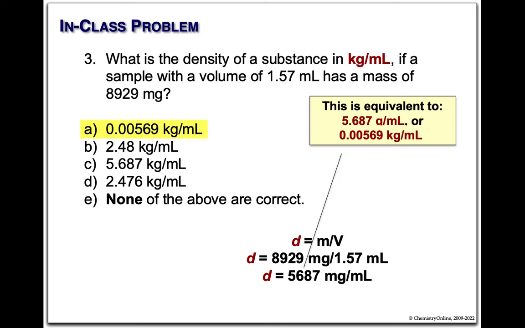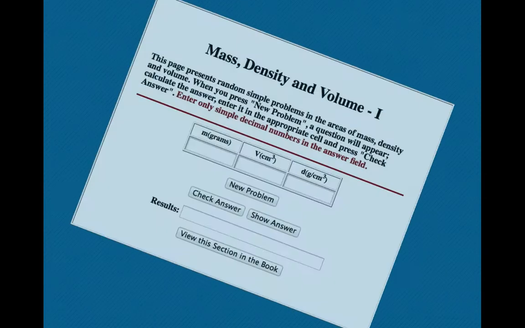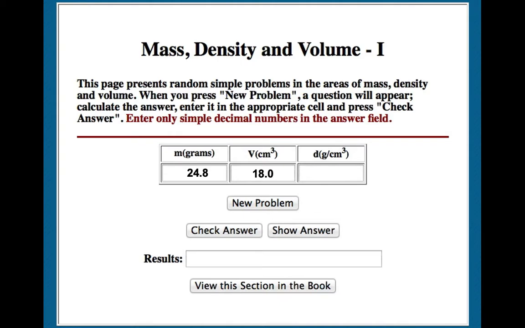Simple metric conversion. We've all seen the tutorial button. This is the tutorial for density. I lovingly call this density 1. Everyone likes it. You're given a table. One of these guys is missing.